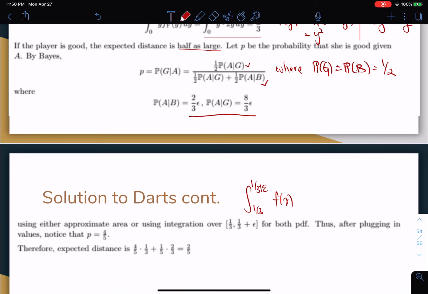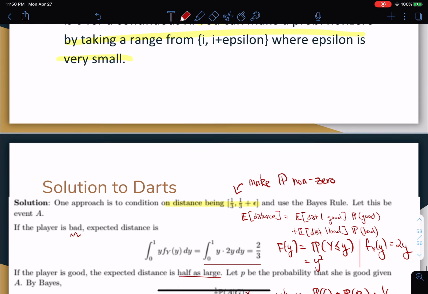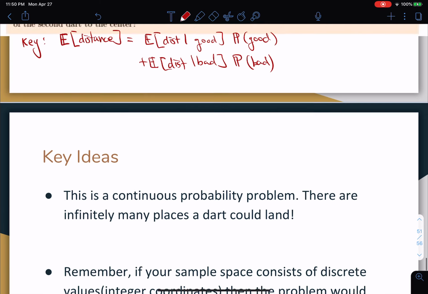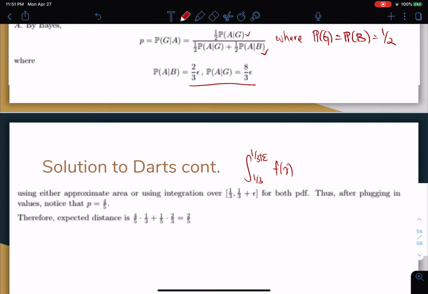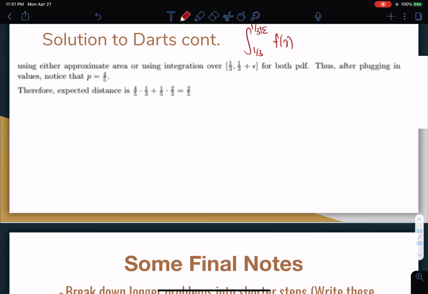Another way to think about this, if the epsilon is throwing you off, is to ignore the epsilon and just think about it going from 0 all the way to 1/3. So if you have a circle and you go to 1/3, you can find the probability you go to 1/3 given you are uniform in 1/2 and you're uniform in 1.